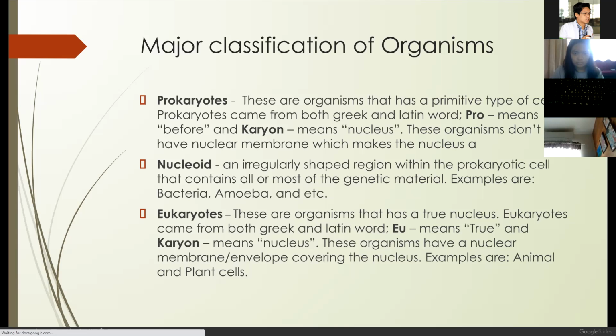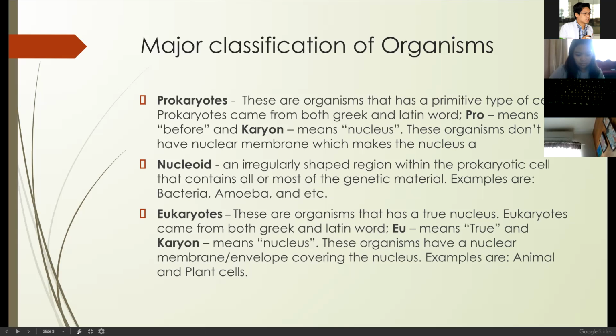Pro means before. And karyon means nucleus. Therefore, these organisms don't have a nuclear membrane which makes the nucleus. Okay? So, if you're going to look at prokaryotes, you cannot see a nuclear membrane surrounding the nucleus. Instead, you'll be seeing a nucleoid. Okay?